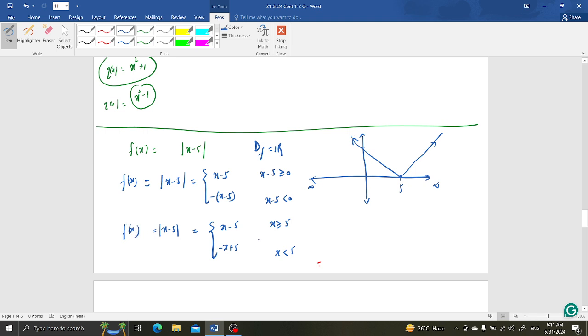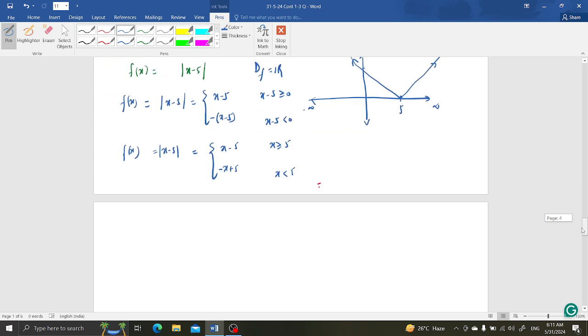Now the same thing we need to do. We need to find the LHL, the RHL, and the function value at 5. Before 5 it is continuous, and after 5 it is also continuous. How? I'll tell you.